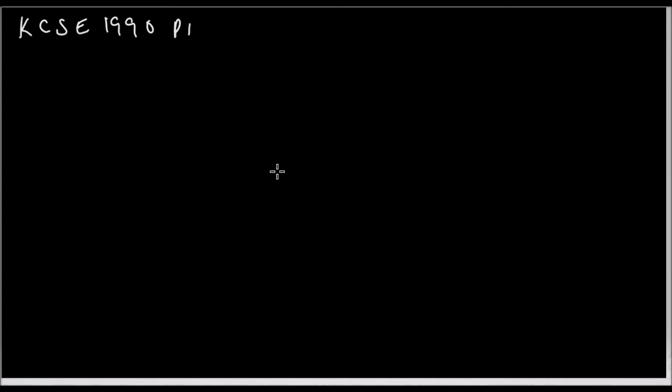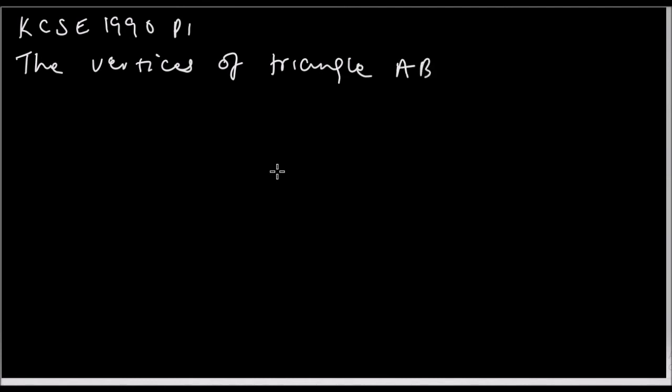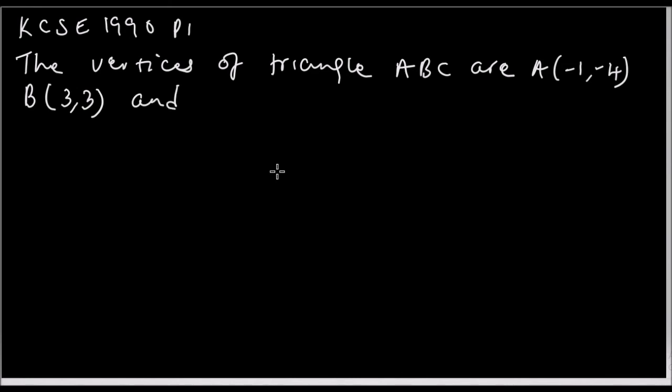We are told that the vertices of triangle ABC: A is at minus 1, minus 4. Our B is 3, 3. Our C is 2, 5.